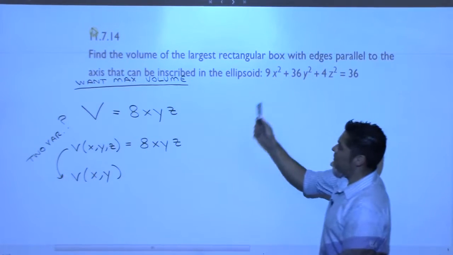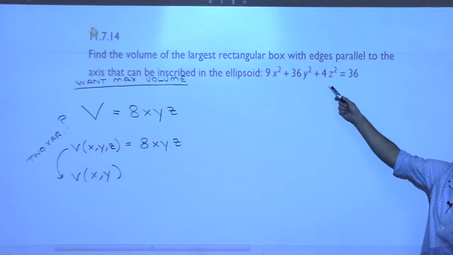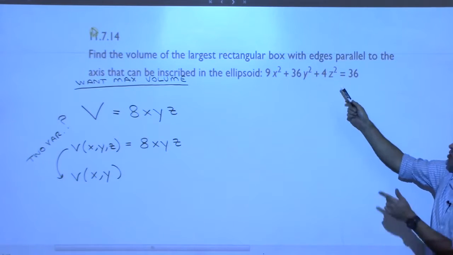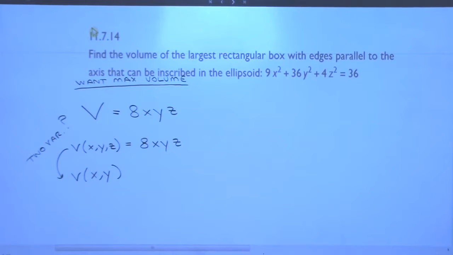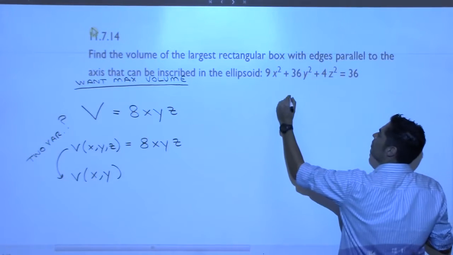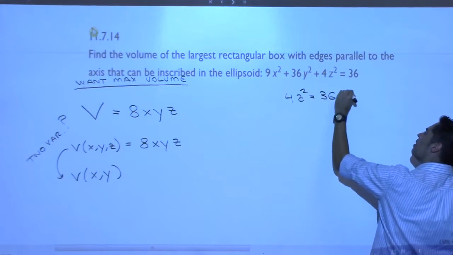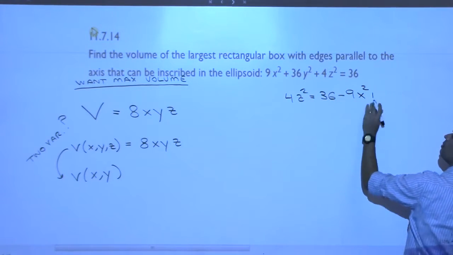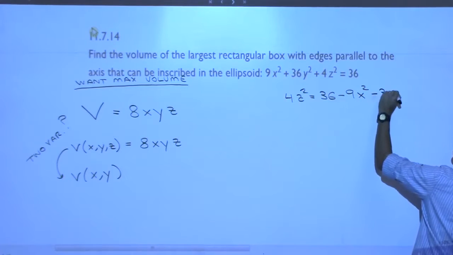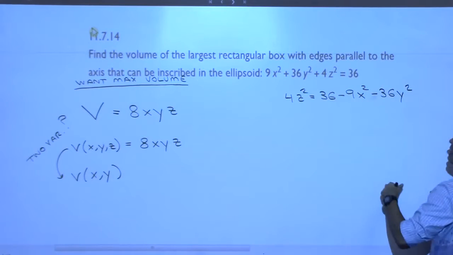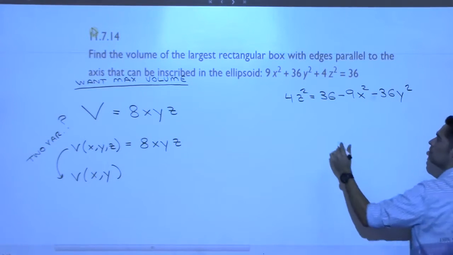Look, if that point x, y, z has to live on this, then the x, the y, and z have to satisfy that equation. So solve this equation for z right now. You get 4z squared equals 36 minus 9x squared minus 36y squared. And then divide by 4.